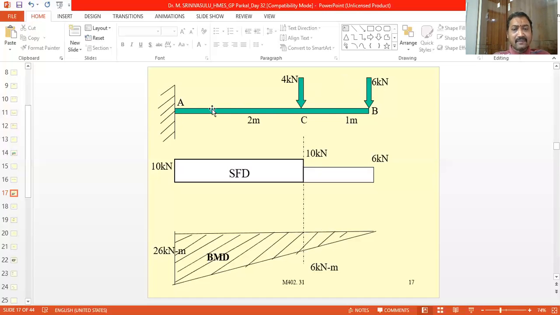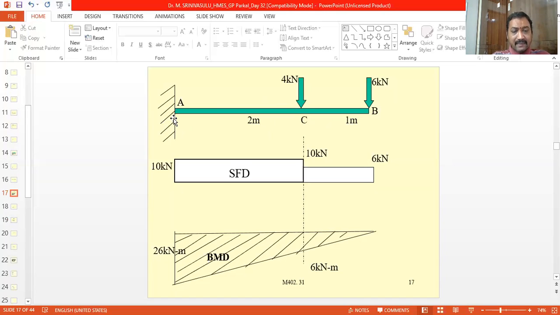To the right we have two forces: one is the 6 kN, the other is the 4 kN. Now we know the distances. The 6 kN is acting at a distance of how much from point A? 2 plus 1, 3 meters. And the 4 kN is acting at a distance of 2 meters from point A.